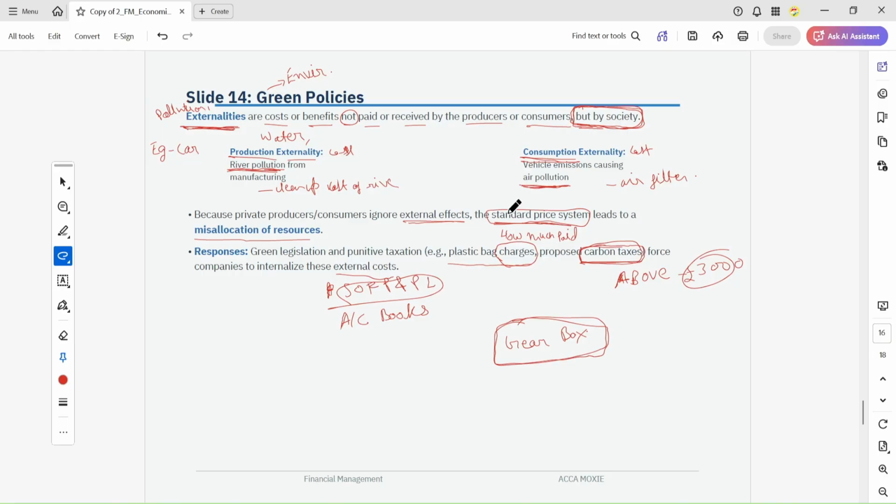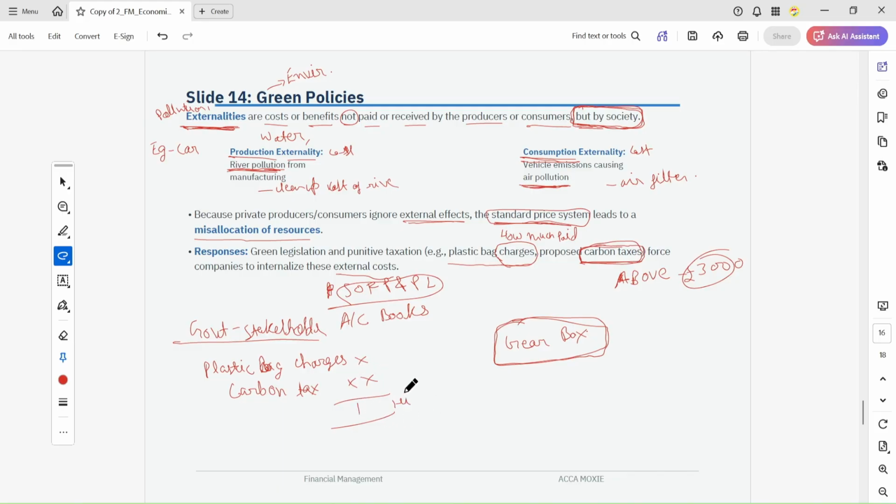And the stakeholders, like the government, which is one of the stakeholders, when they know that your plastic bag charges and carbon tax are higher, they know that you are damaging the environment.